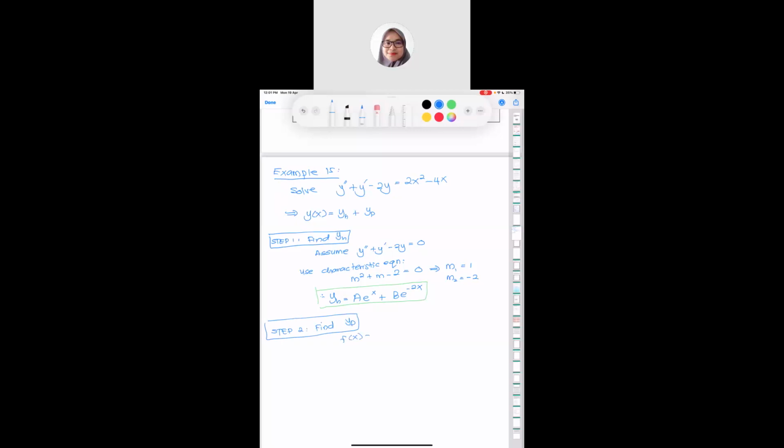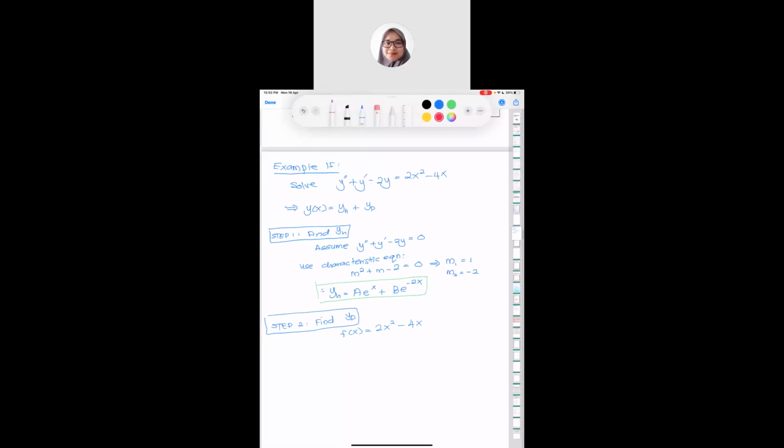Untuk case ni, kita punya fx adalah 2x squared minus 4x. Daripada fx ni, kita tahu dia adalah jenis polinomial. Polinomial degree berapa ni? Second degree. Degree equal to 2. So kita start, r equal to 0.